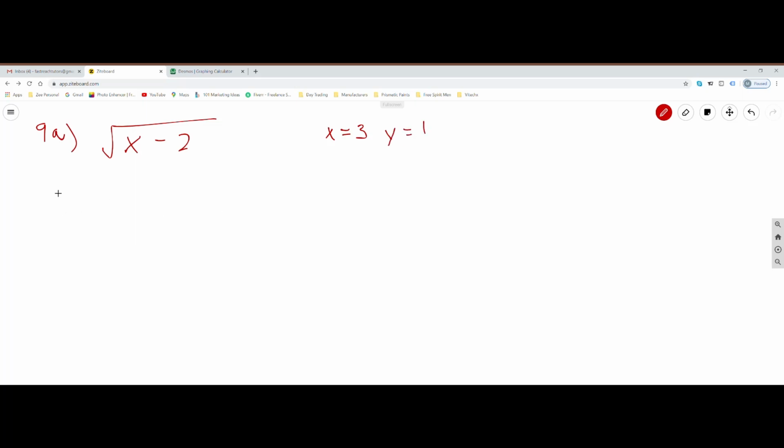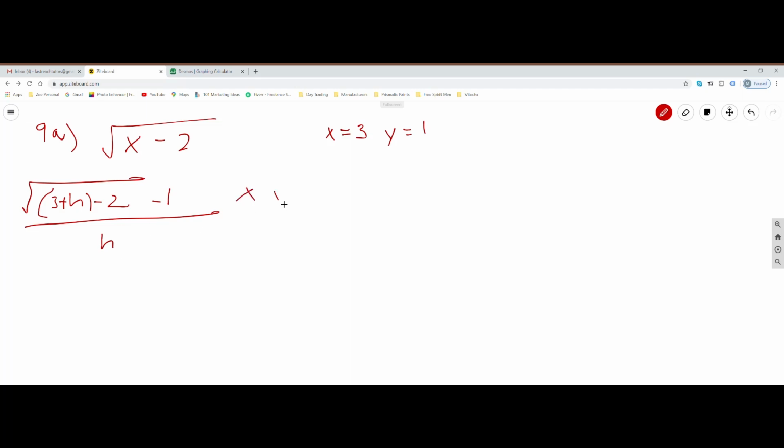So it would be the square root of 3 plus h minus 2, minus 1, over h.